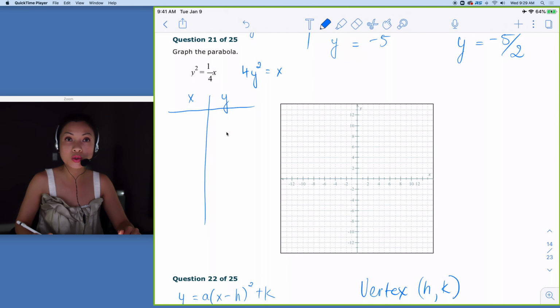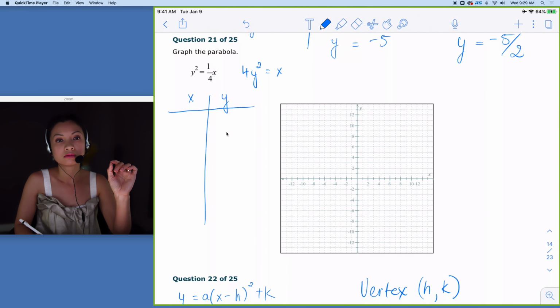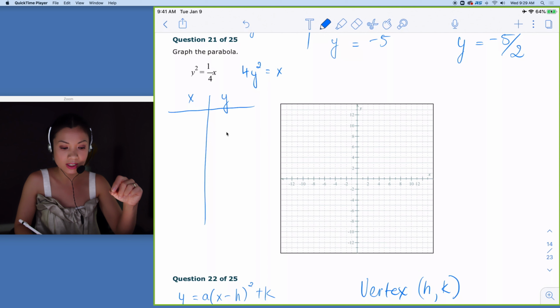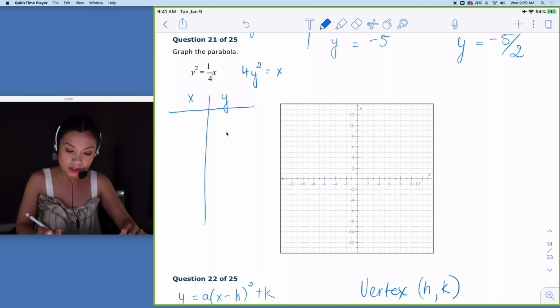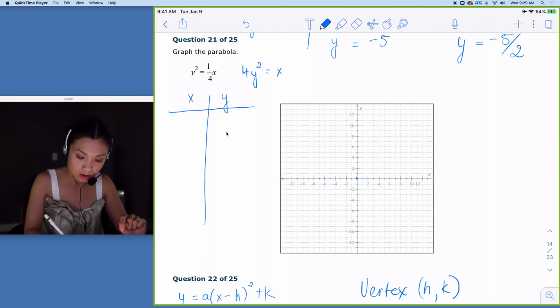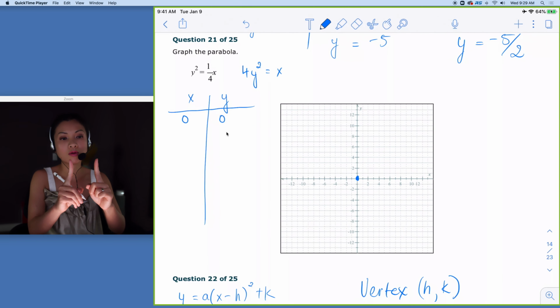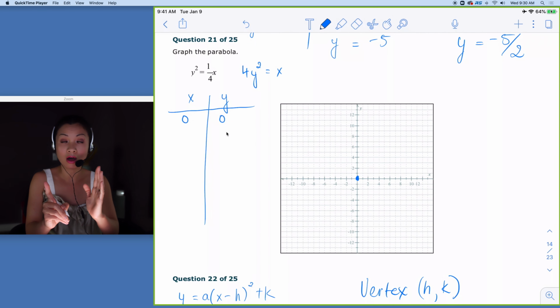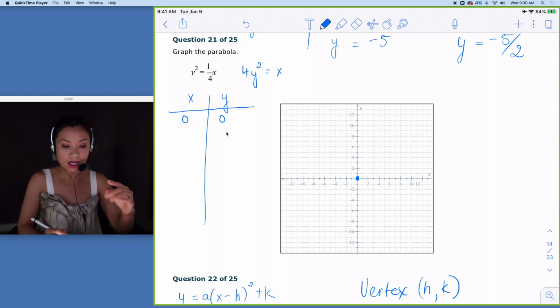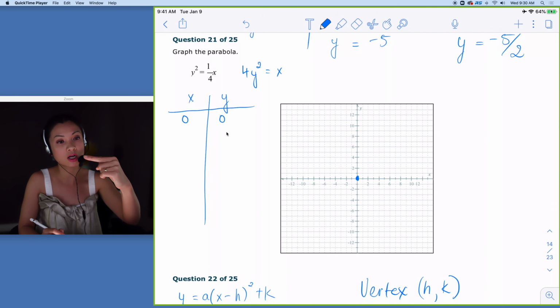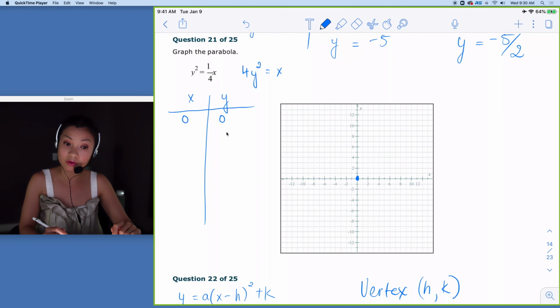We're going to pick two numbers, but we start from the vertex. So you see right here, the vertex is 0, 0. So I have 0, 0 for the vertex. Now, I remember I showed you to pick the points left and right from the vertex because we have sideways. So you're gonna pick top, bottom, top, bottom of the vertex.